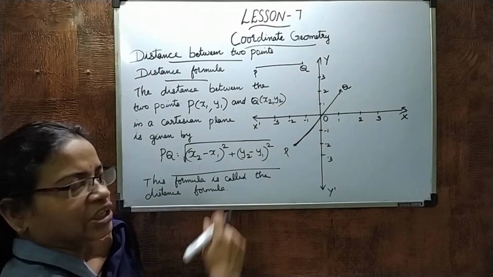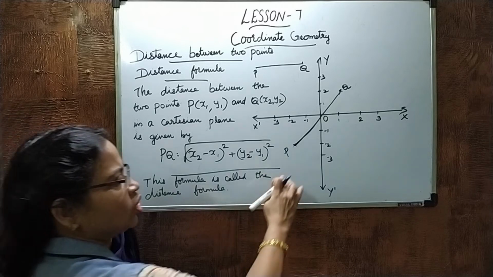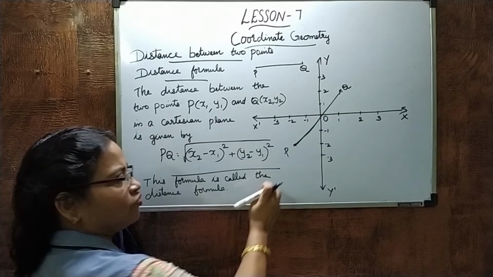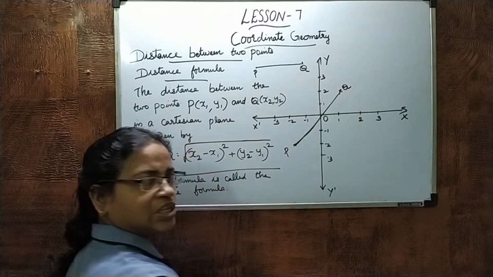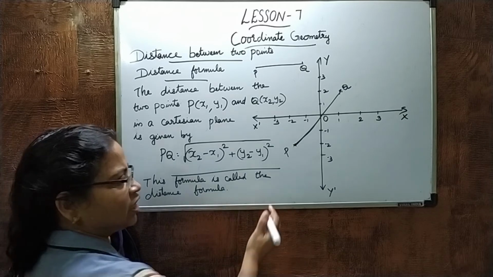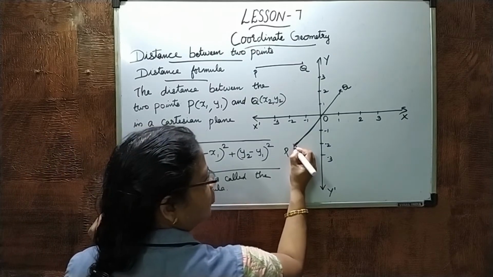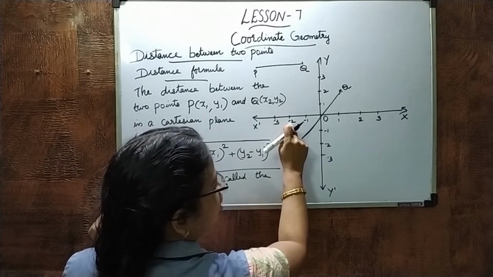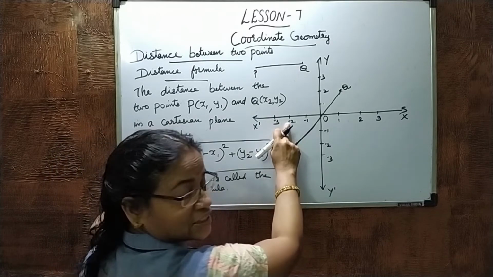But what about in a Cartesian plane? Here look, these are the 2 points P and Q. From P to Q, what is the distance? How will you find out? In the Cartesian plane, what are the coordinates of P? Just find the x coordinate first. Look to the x-axis first.